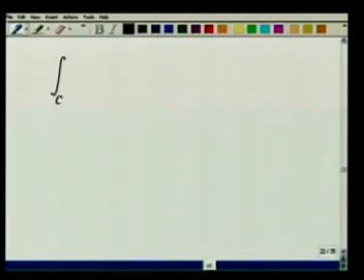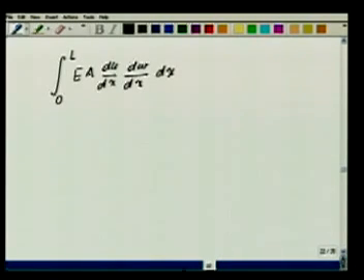To close this part, I would like to reiterate another very important point. If you look at this formulation, just let us look at the right hand side only, then you see that in this integral, the first derivative of u and the first derivative of w are sitting. So for this integral to be finite, this first derivative of u and the first derivative of w have to be defined.